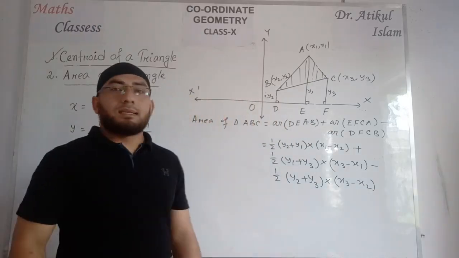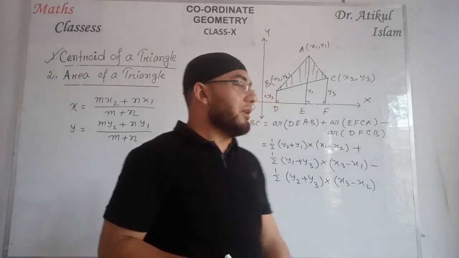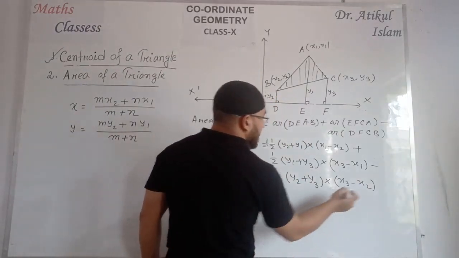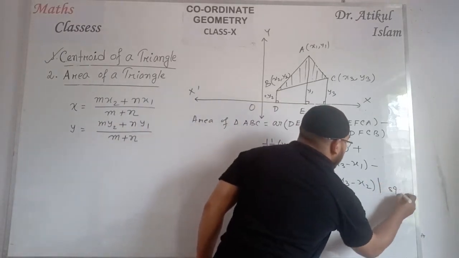Now since area is positive, we can take the absolute value. So give the absolute sign here, in square units.